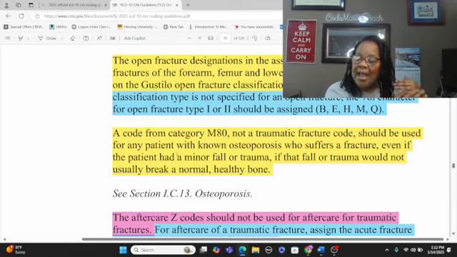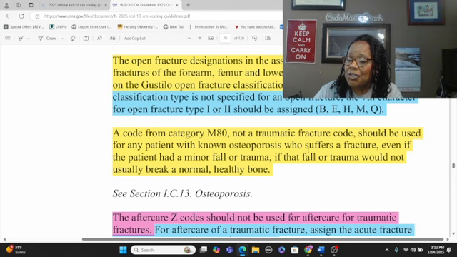And remember, pathological is when the patient has some other disease process, such as osteoporosis, that weakens the bones to a point that even when this patient suffers a minor fall or trauma, you'd think to go to traumatic fracture, but this is saying that even a healthy normal bone would not normally break. But because this patient has osteoporosis, this fracture is not a traumatic fracture, but a pathologic fracture. And you should be at the M80 category and not at the S category.